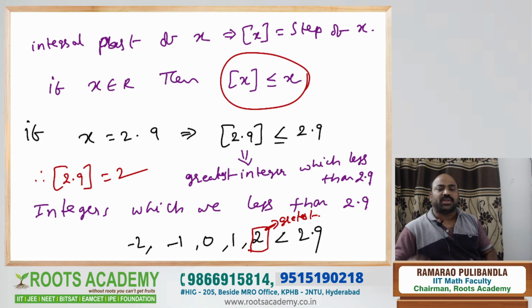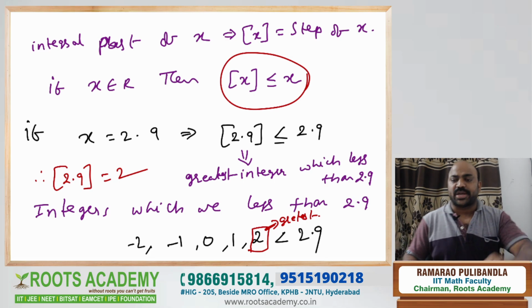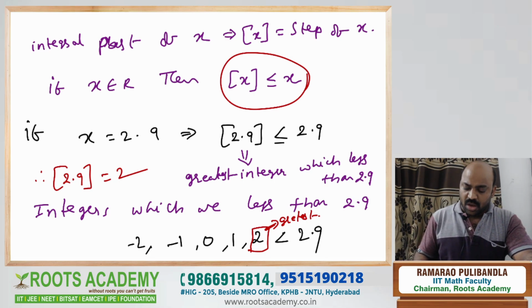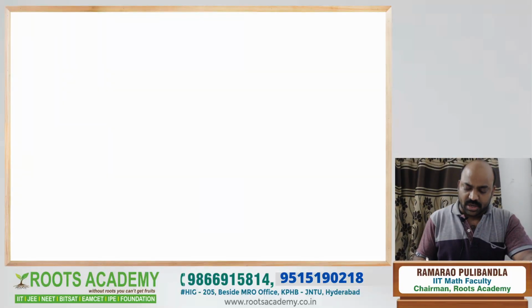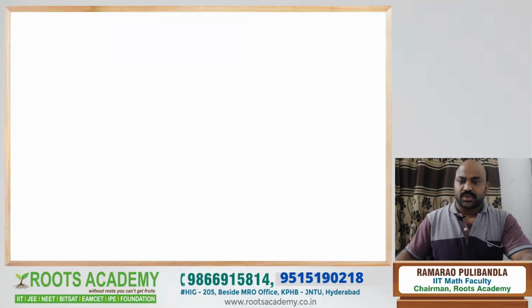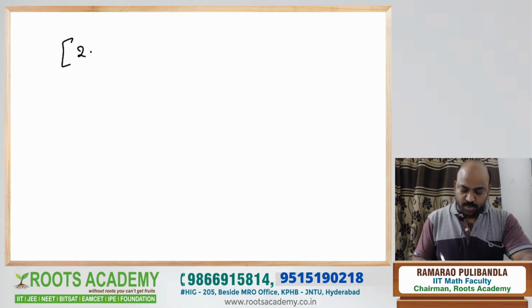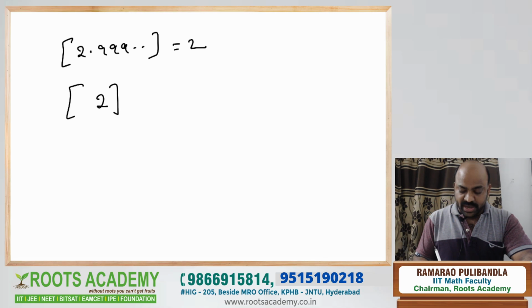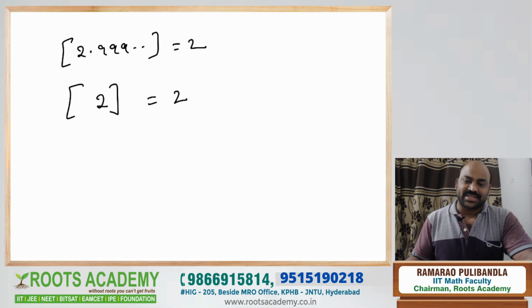But when you know these basics, you can enjoy the questions. So now let me give you questions on step of x. Step of 2.99999 is 2. Step of 2 is 2, the integral part of an integer is always the integer only.